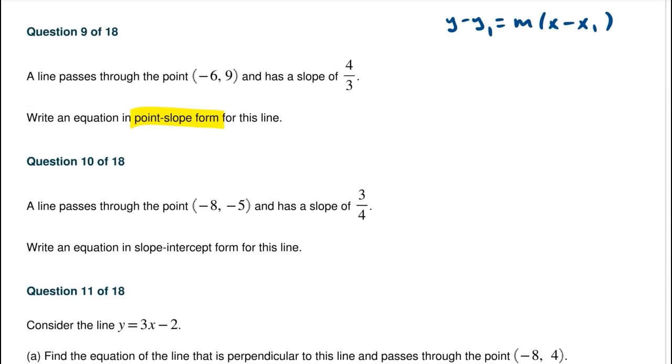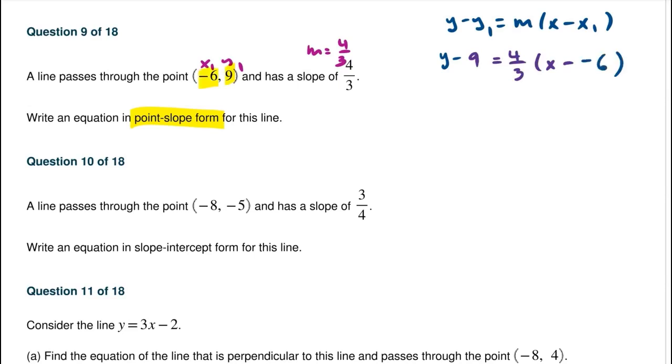Okay, we have the point negative 6, 9, so it's x1, y1. The slope is 4 over 3. All we need to do is plug it in. y minus y1 is 9, so y minus 9 equal to m, which is 4 over 3, times x minus x1, which is negative 6.